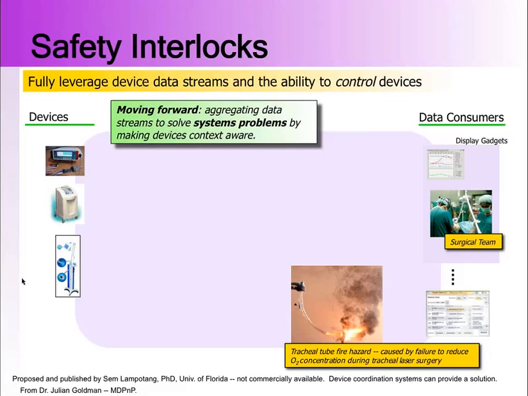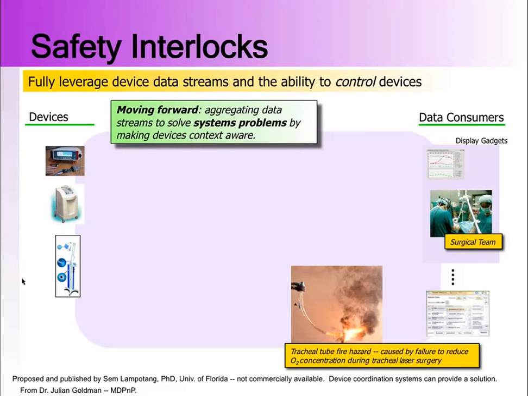And so what you really have here is a situation, again, where the devices are not context aware. The laser doesn't know that it's being used in association with the oxygen hazard, right? And what you want to do is to do something in an automated way like clinicians currently do now. So in this context, what clinicians would typically do is whenever they're going to turn on the laser, they manually reduce the oxygen concentration that's flowing through the oxygen tube.